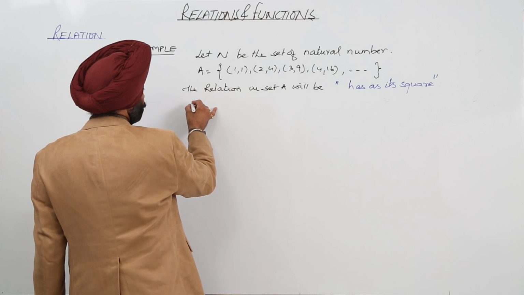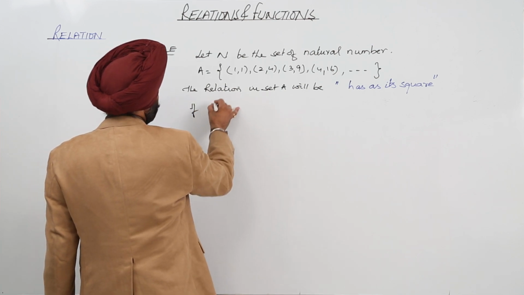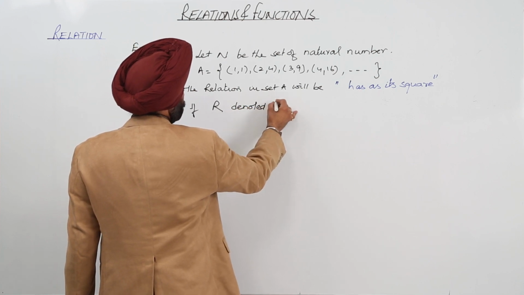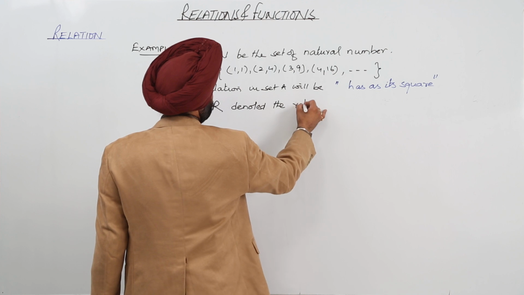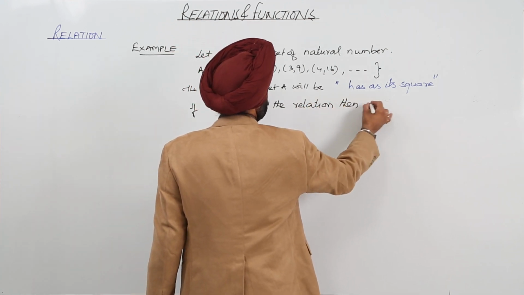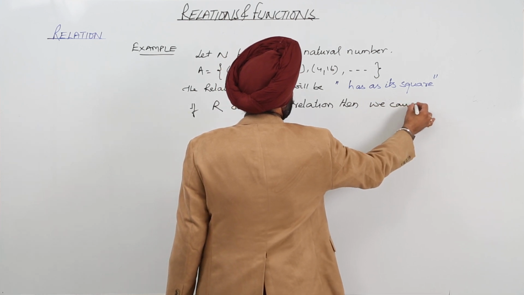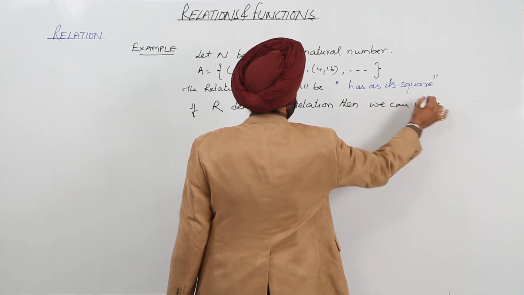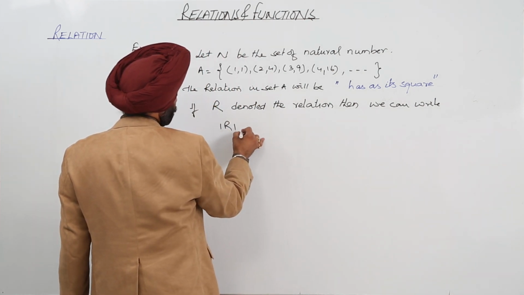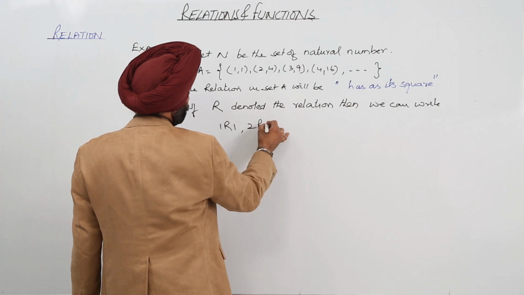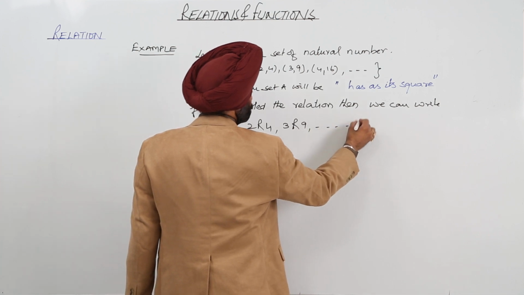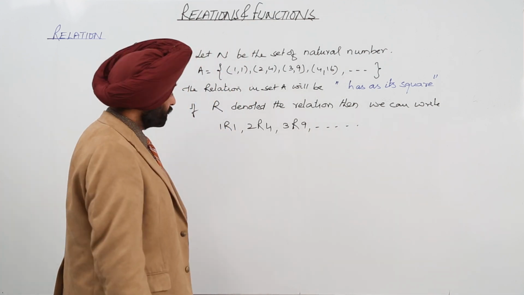If capital R denotes the relation, then we can write 1 R 1, 2 R 4, 3 R 9, and like this we can continue. Is it clear?